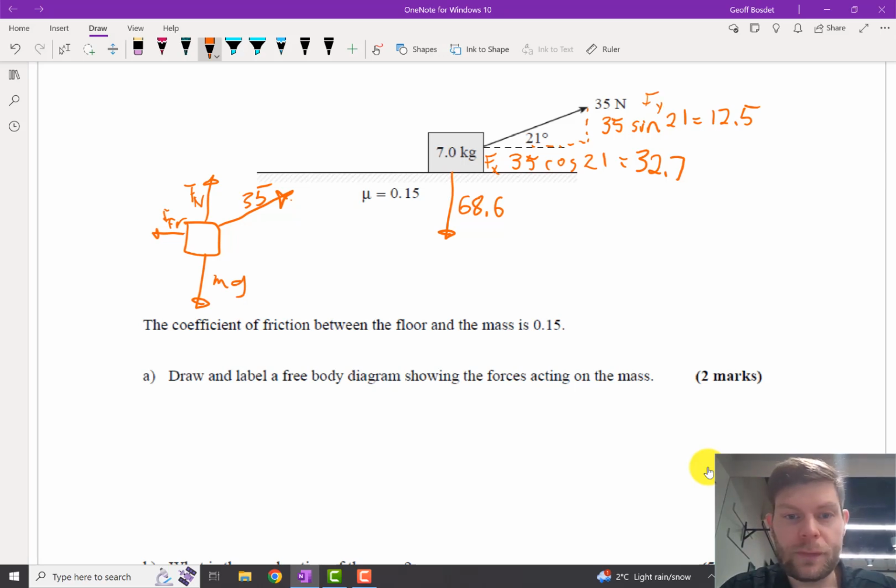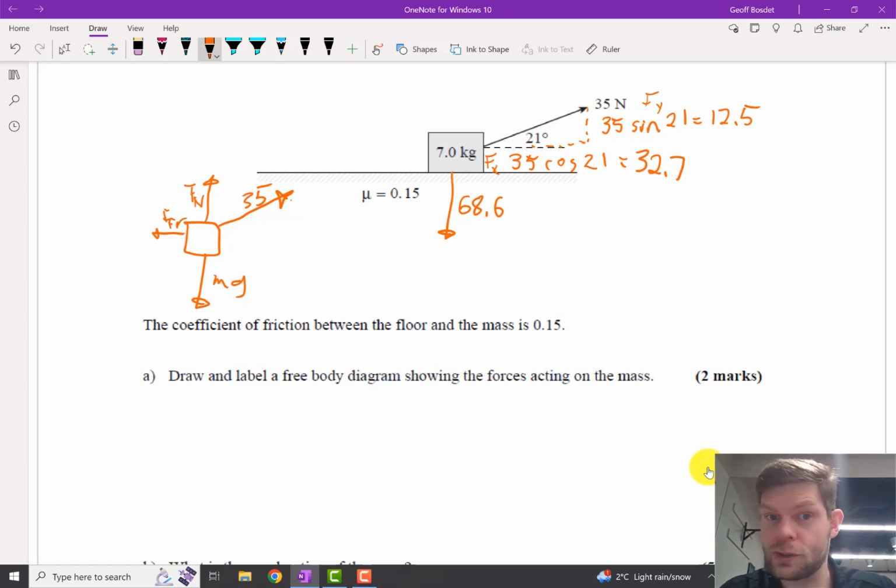So, first thing, I'm going to need to solve for force of friction. To do that, I'm going to have to solve for normal force. So this is commonly a first step after you've broken your applied force into components, is to solve for normal force so you can use it to solve for friction. To do that, I'm going to use the vertical axis. I've seen no indication that this thing is accelerating either down through the ground or up into the air.